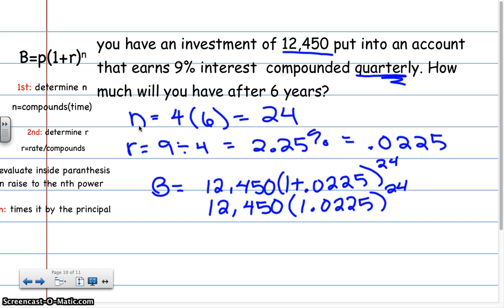Now in my calculator, I'm hitting 1.0225 to the 24th. I hit equals because it's some big number. And then I just hit times 12,450. Leaves me with $21,236.79.